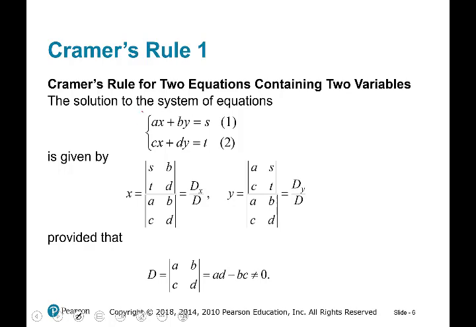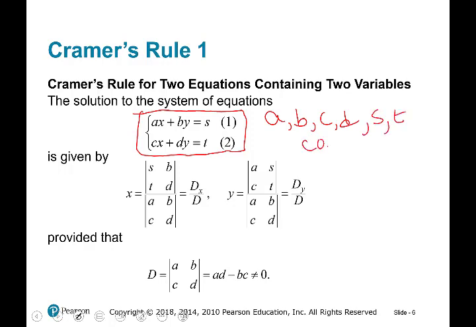So if we have a 2x2 system like this one, where A, B, C, D, S, and T are constant values, right? So the variables are going to be the X and Y, right? So these are basically the two variables.